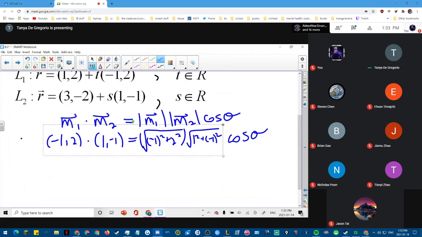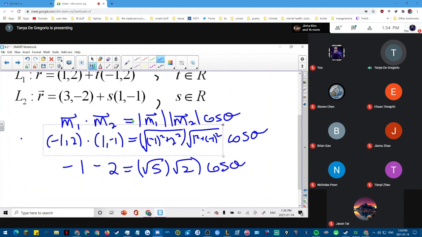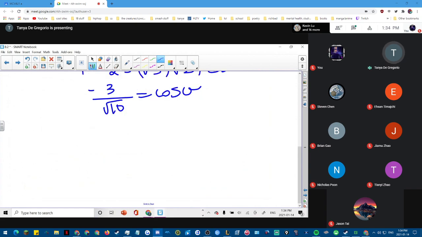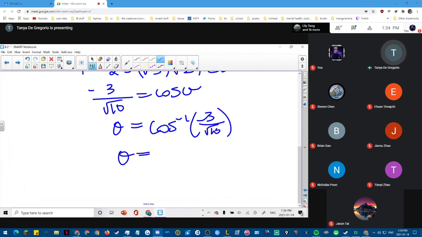So here, using the dot product, I have -1 minus 2 equals, here I'm left with the square root of 5, here I'm left with the square root of 2, times cos theta. And so I'm left with -3 over root 10, which equals cos theta. And I'm taking the inverse of cos. It's not an exact value. And so theta is approximately equal to what? 161.57.